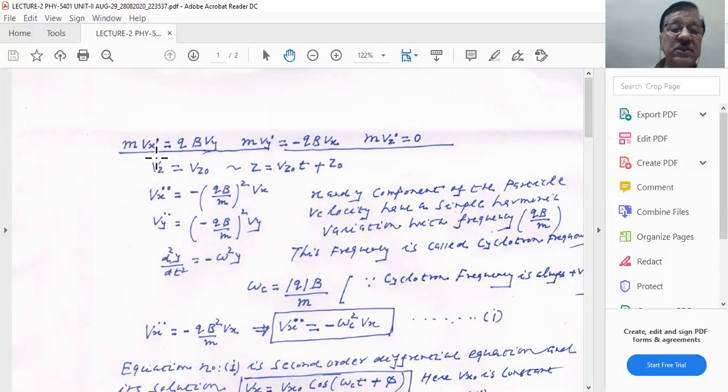Vx dot is equal to q times Vy, where Vx, you remember, is the x component of the particle velocity, m is the mass of the particle, and q is the charge.